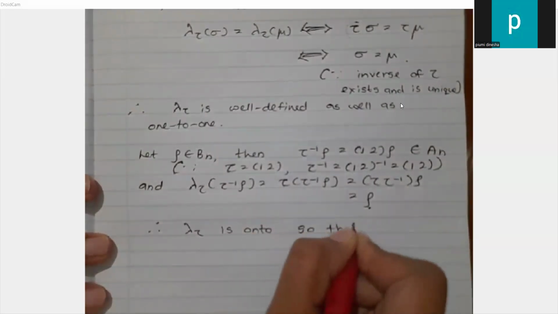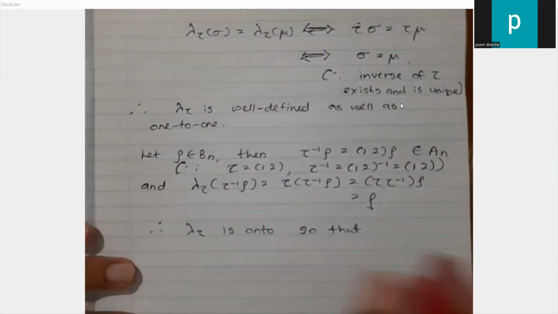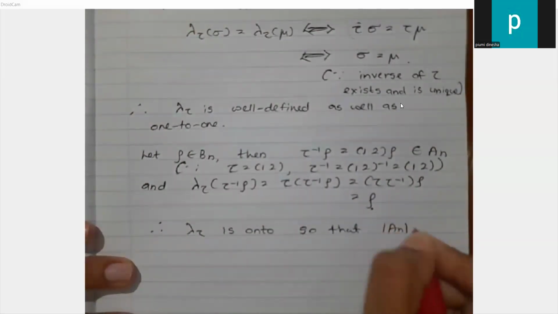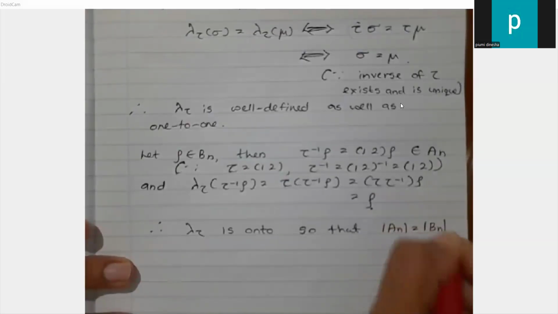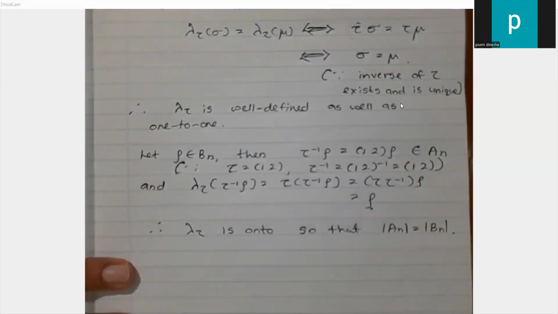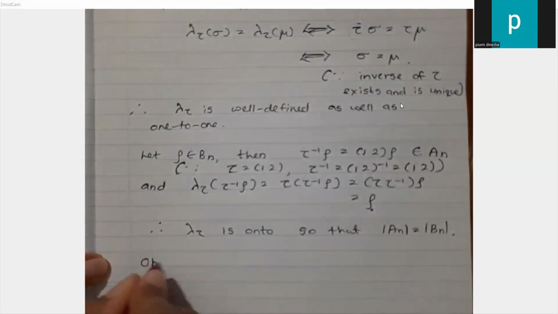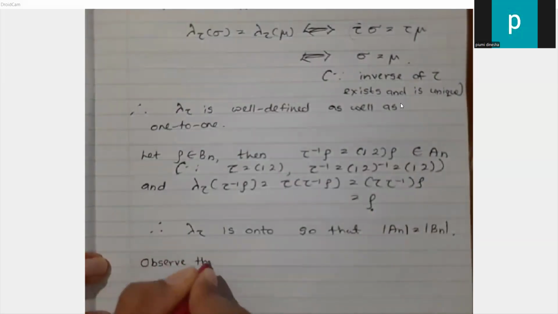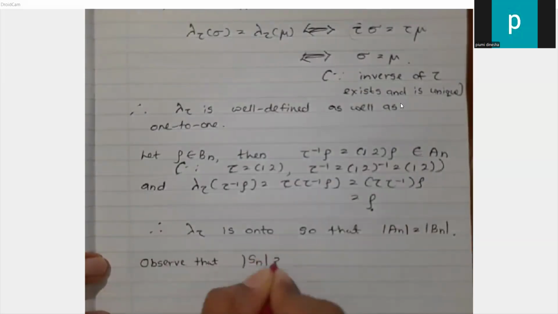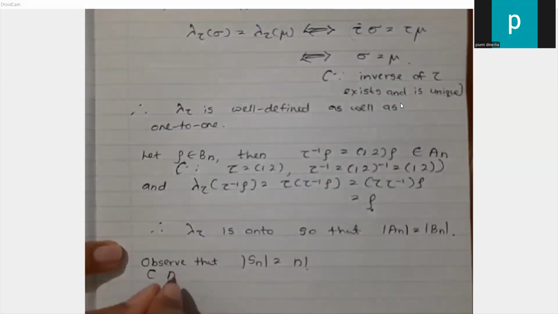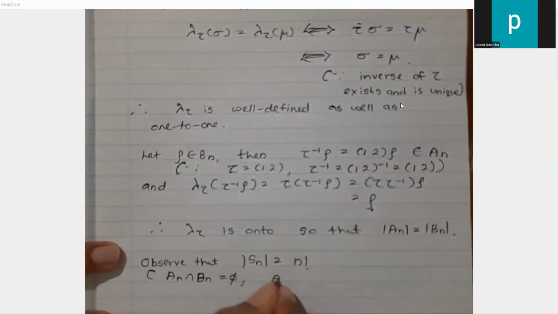So we have the order of An equal to the order of Bn, right? Now observe how many elements we have in An. This is easy to calculate. Observe that Sn has n factorial elements. We previously observed that An is disjoint from Bn and their union gives you Sn.